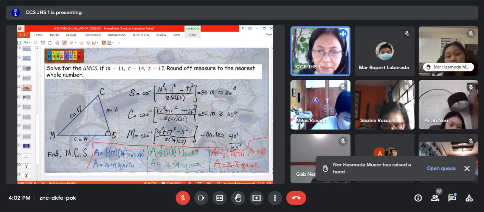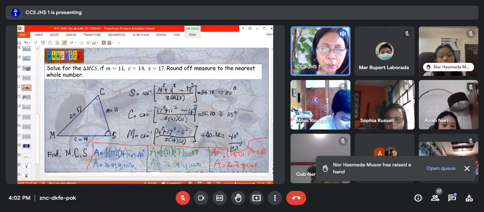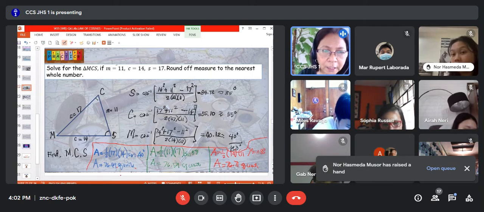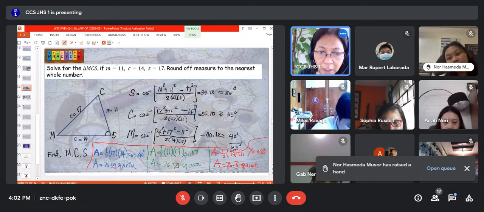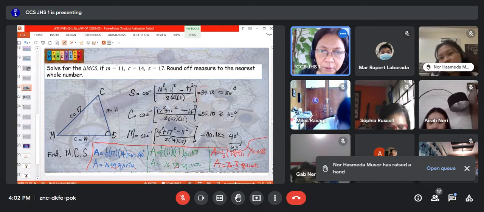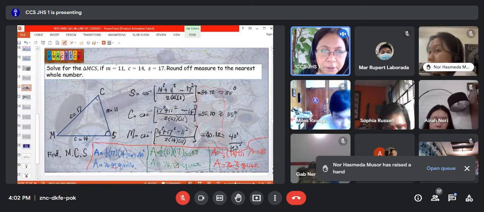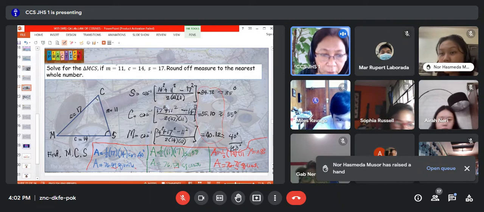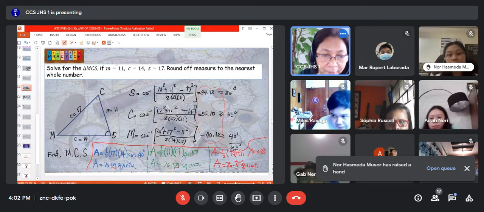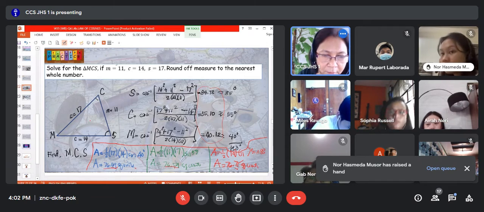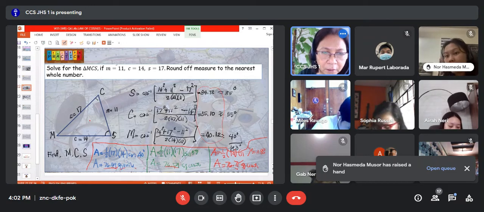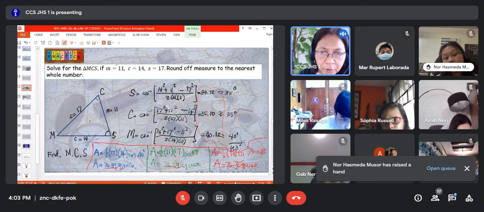Okay, if you notice, class, the values are almost the same, more or less 76.5, because we're talking about the same triangle. However, our decimal places matter because we use the rounded off values of the angle.